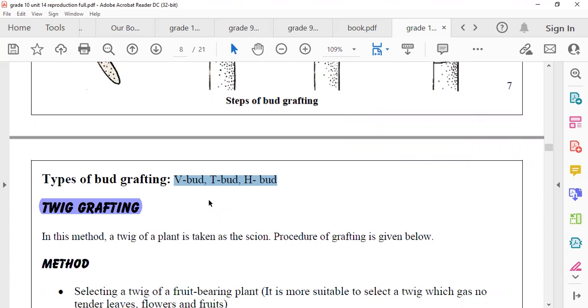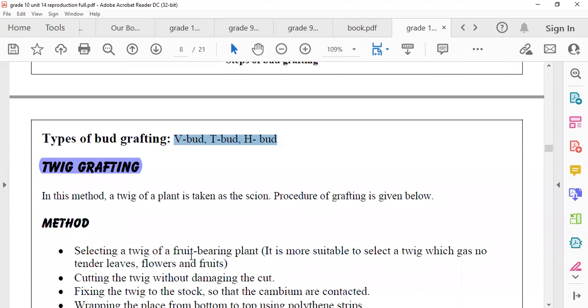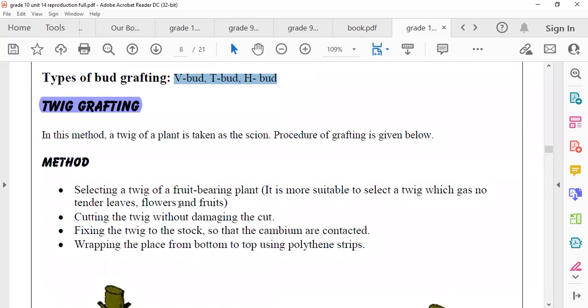And in twig grafting, the twig is going to be the scion. As usual, the root stock will be a stem. In that one, you have to select a fruit-bearing plant. Mainly, successful fruit-bearing plants. Twig grafting is very successful in flower-bearing plants and ornamental plants.